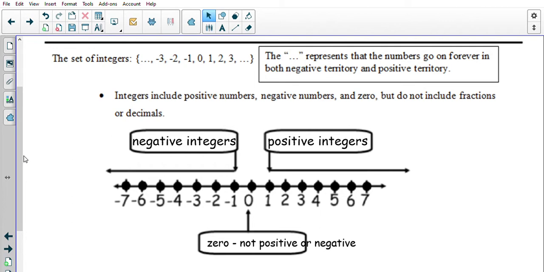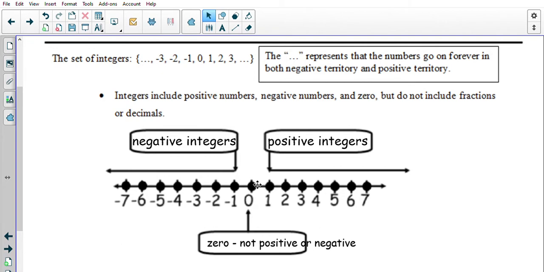Integers also include positive numbers, negative numbers, and 0, which isn't positive or negative, but integers do not include fractions or decimals. We'll address some fractions and decimals in our next unit, but at this point, we're just talking about where these dots are placed on this number line, where integers lie. 0 doesn't have to be in the center of the number line, it just happens to be on this one.